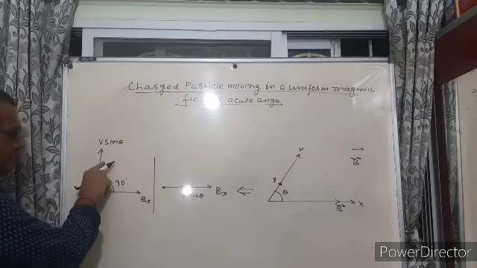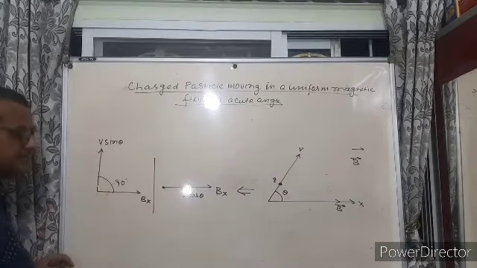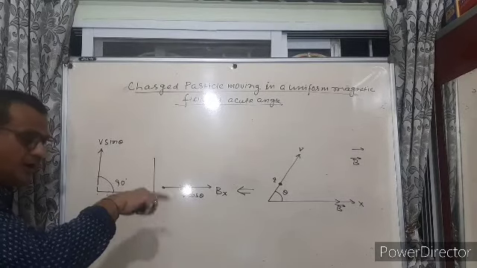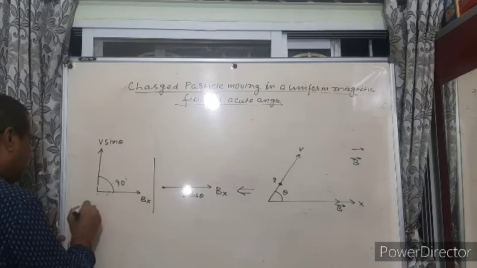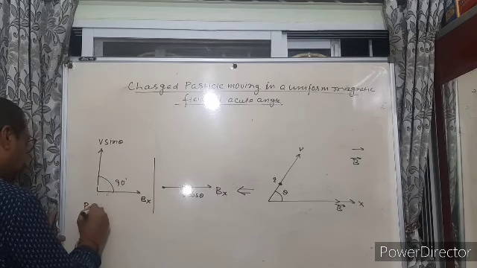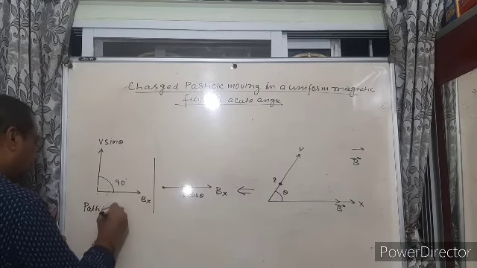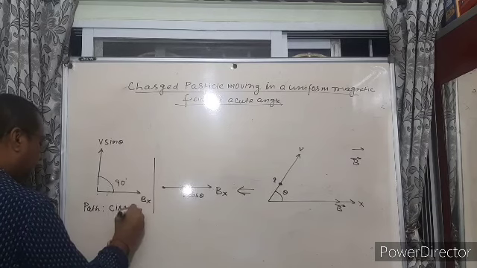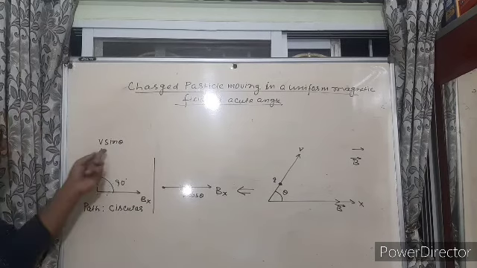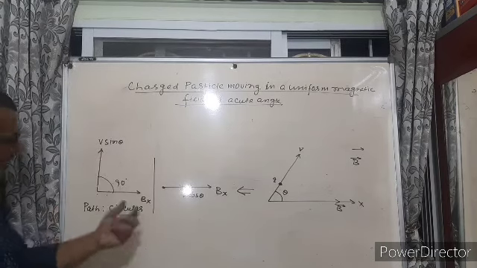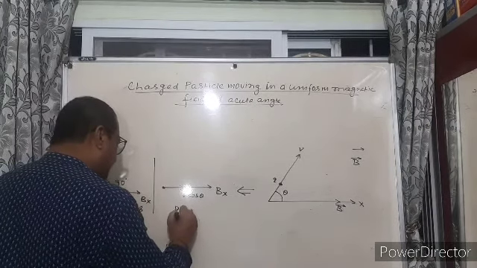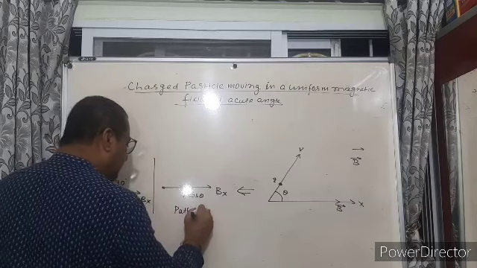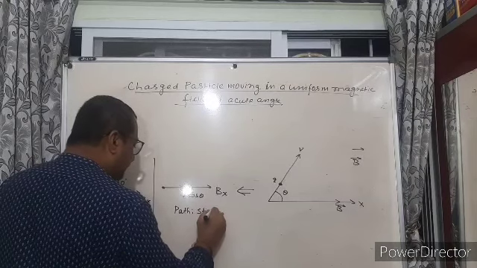So this component makes the charged particle move in circular motion, means its path will be circular due to this component, and due to the other component the path will be a straight line.